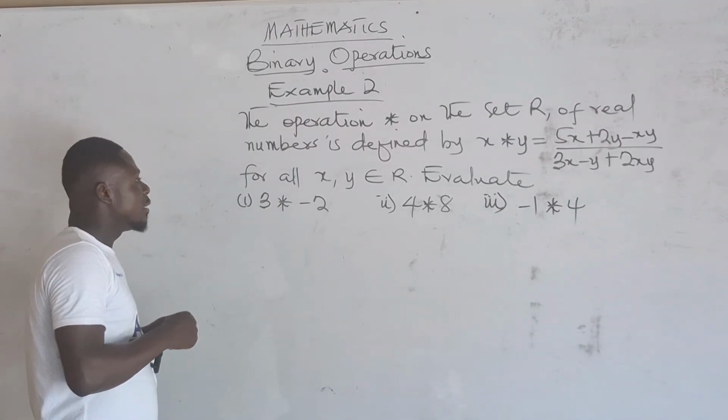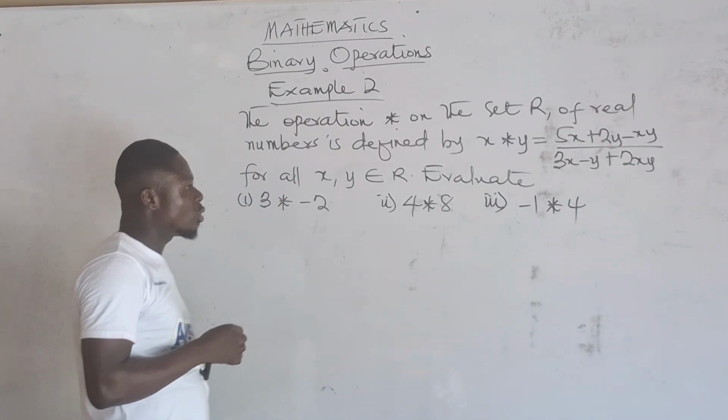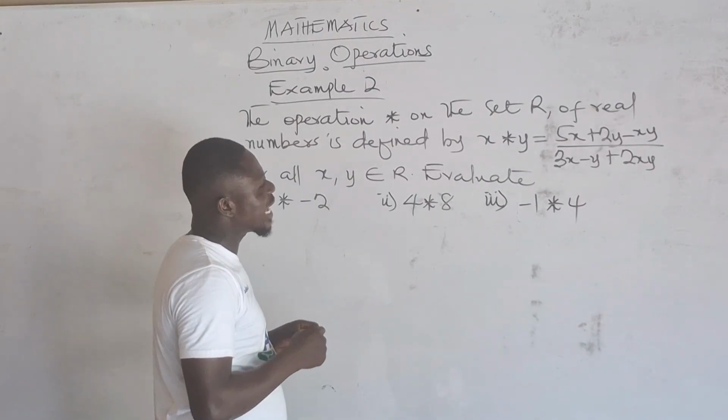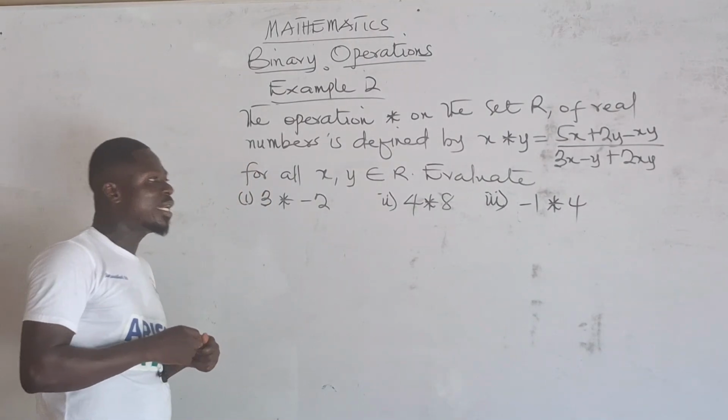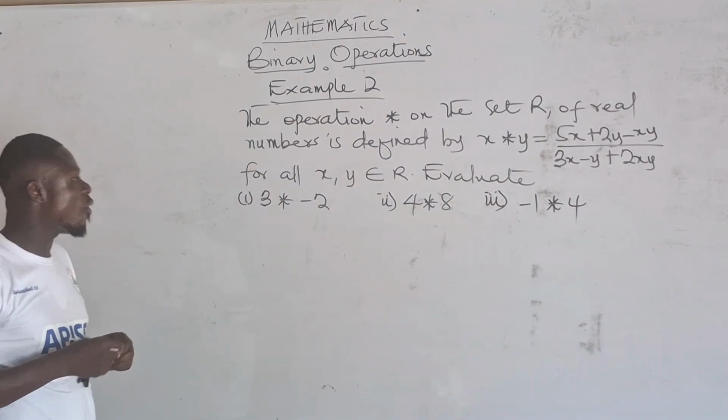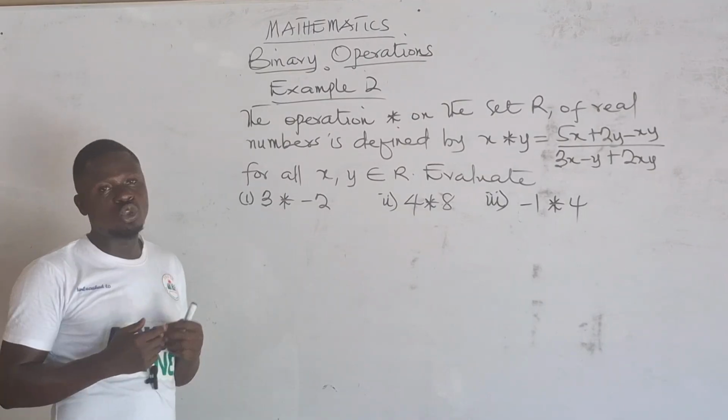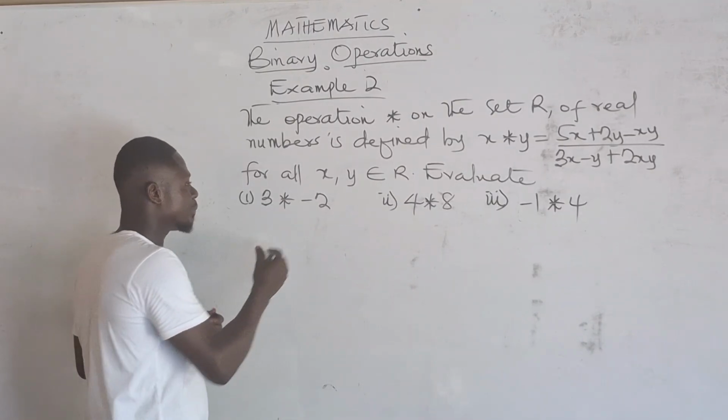Evaluate I, 3 star -2, II, 4 star 8, III, -1 star 4. So let's look at how to obtain each of them.